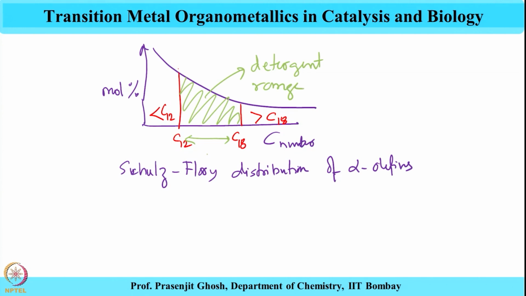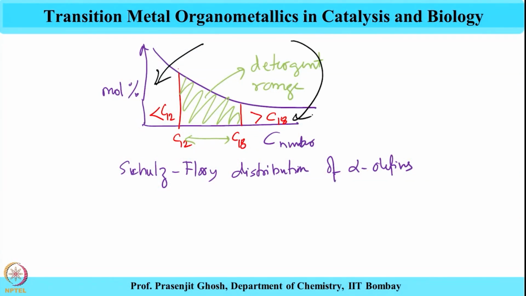There was no control in the SHOP process, and it could give a lot of alpha olefins which are less than 12 carbon atoms, and then there would also be a substantial amount which are more than 18 carbon atoms, which had no use for detergent purpose. And the overall focus then was how to use these two fractions.